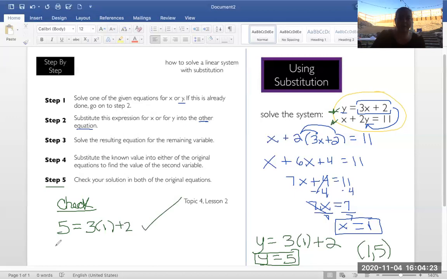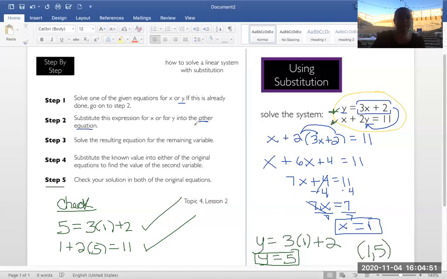In the second one, we have 1 plus 2 times y, which is 5, equals 11. And 1 plus 10, 2 times 5 is 10, equals 11. And these are both correct. So the correct solution to this system is x equals 1, y equals 5.